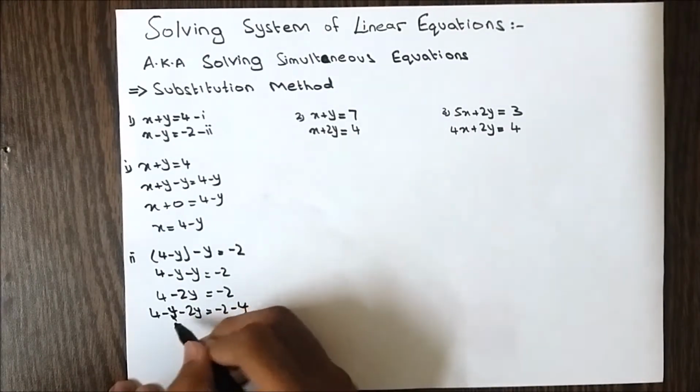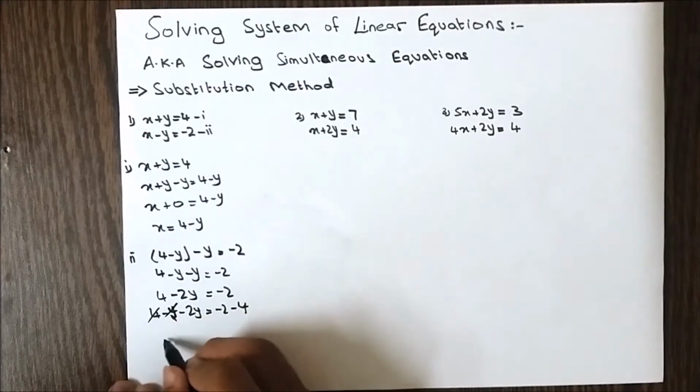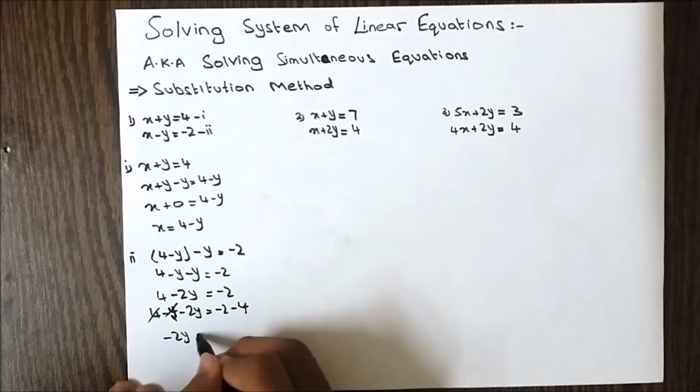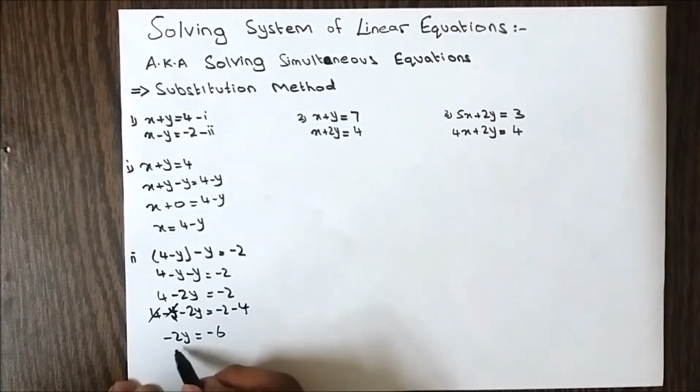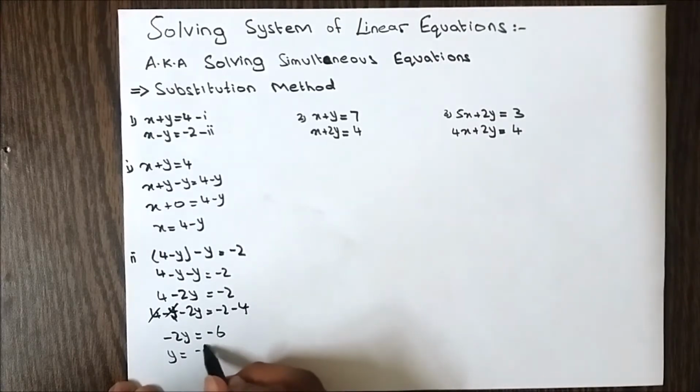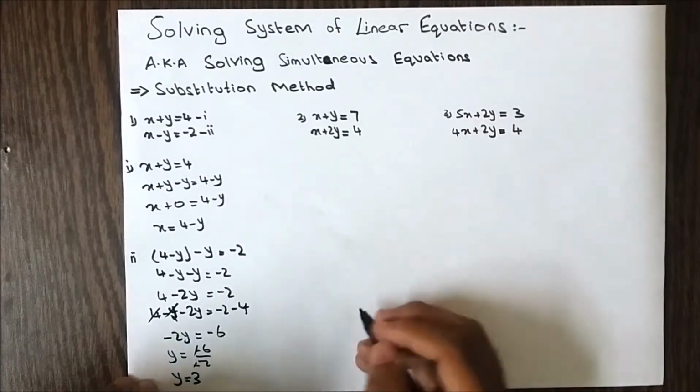I mistakenly made that y. Okay, 4 minus 4 cancel out, becomes 0, and we get minus 2y equals minus 2 minus 4, which is minus 6. And then when we divide by minus 2 on both sides, we get y equals minus 6 over minus 2. Minus signs cancel out and y becomes 3.